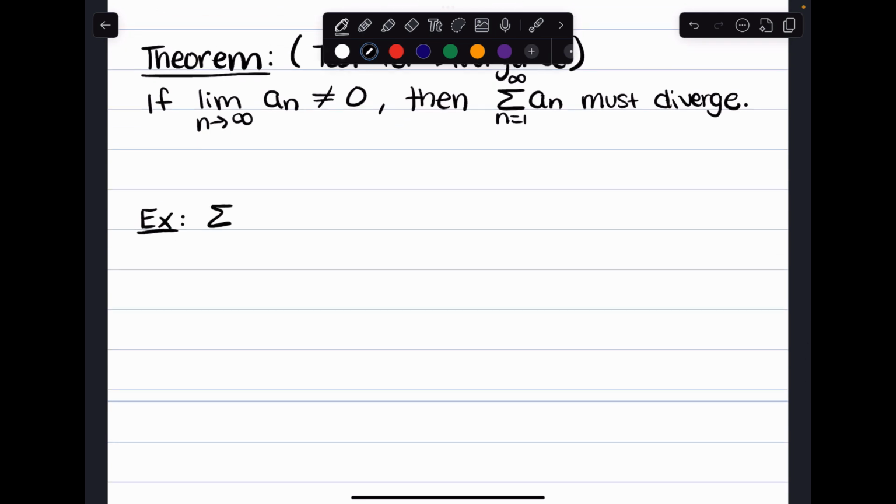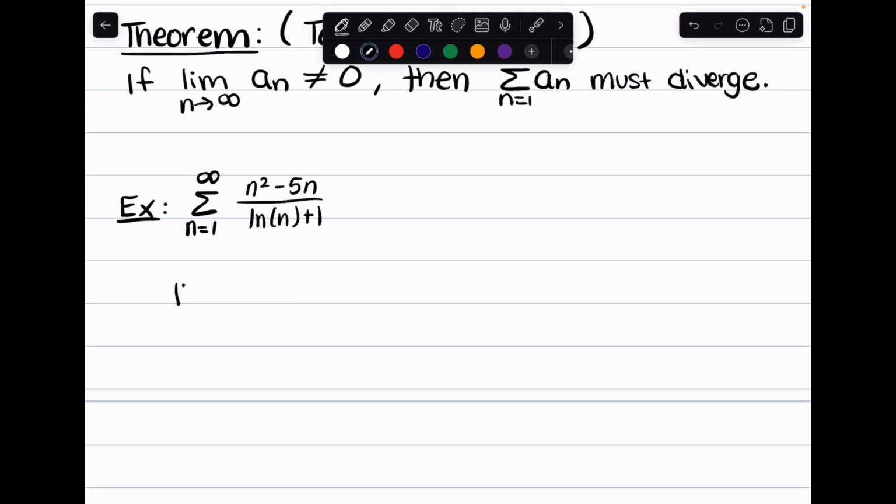Let's suppose we're looking at the series n equals 1 to infinity of, let's say, n squared minus 5n over natural log of n plus 1. And we're trying to determine if it diverges.